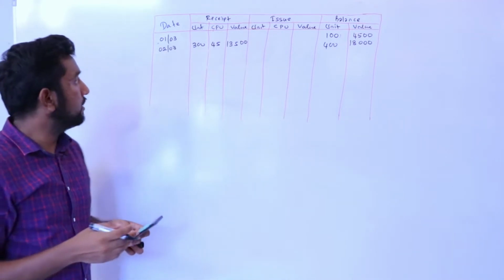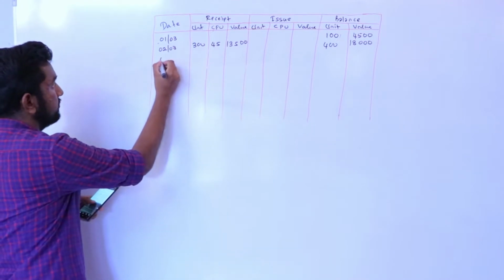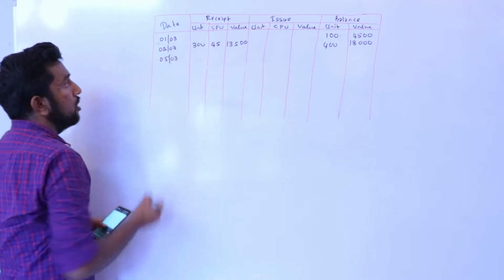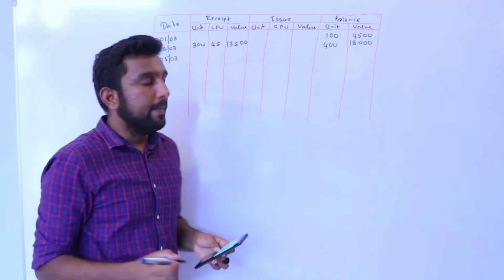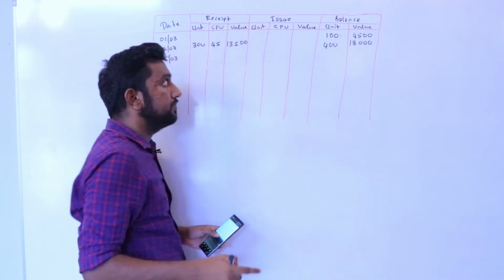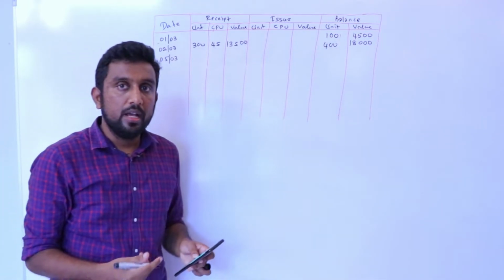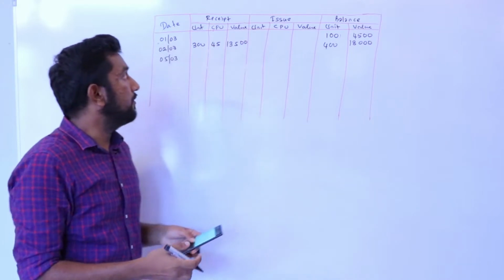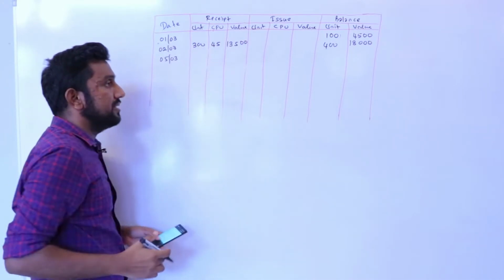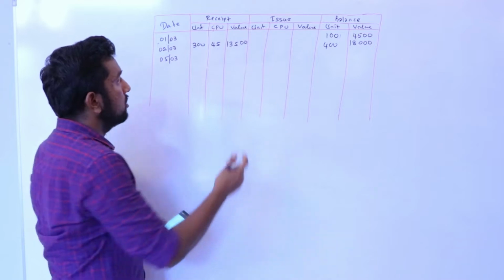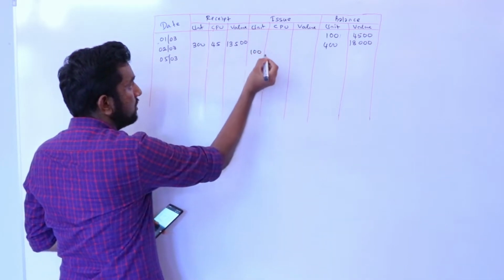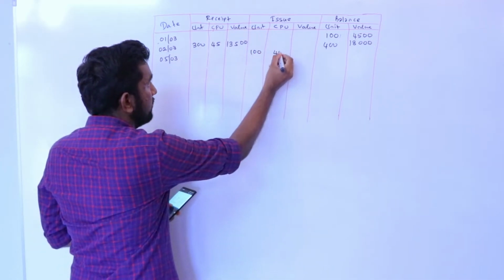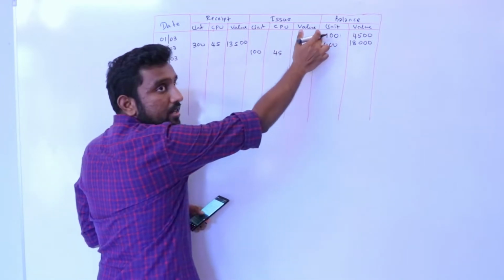Then I am issuing 200 on 5th. So how am I going to issue? I am going to issue 100 from the opening balance, and then the remaining I am going to take from the second one, because this question is based on the FIFO method. So issuing 100 units at 45. So this is done now.